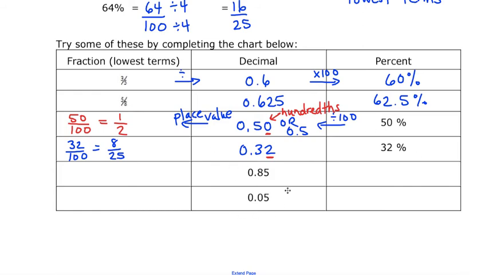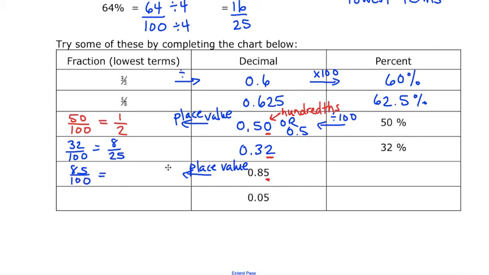And then the last couple of rows, we're looking at changing a decimal number into either a percent or a fraction. So let's go to a fraction. Remember, this is in terms of place value. What place value is that last digit in? That's in your hundredths place value. So we're going to put 85 over 100.